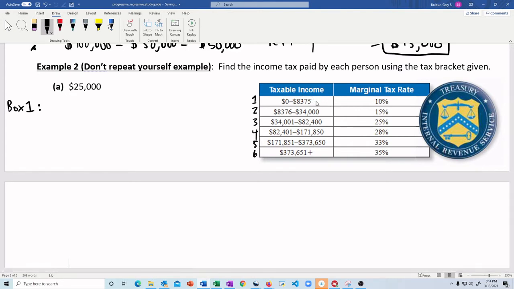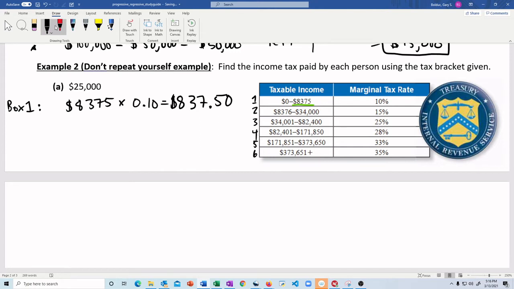So there's $8,375 in box 1, which is whatever this top end number ends up in this first box, times 10%. That's how much of my money I pay for the first bracket. That equals $837.50.